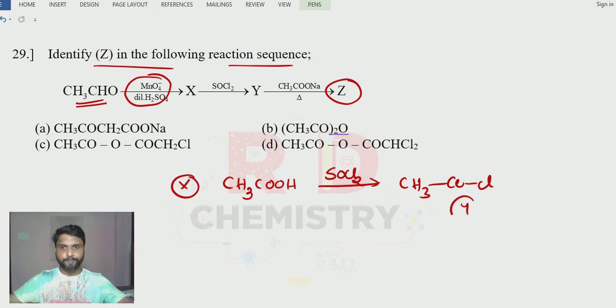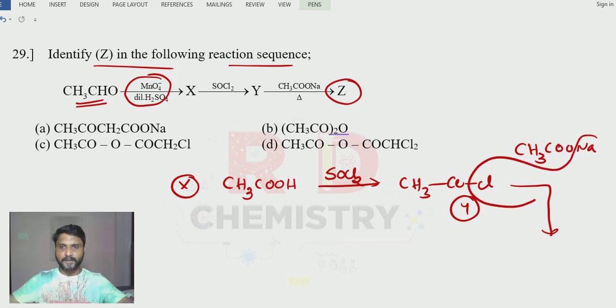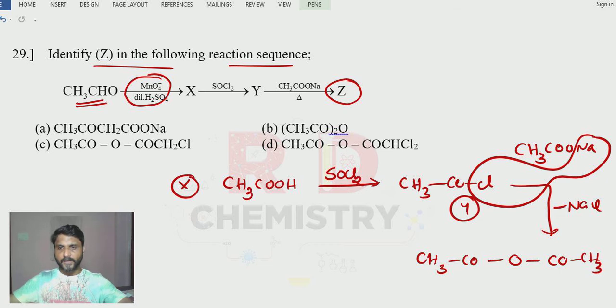This is Y. And then it is treated with the sodium acetate CH3COONa. So the side product is sodium chloride. So the remaining part now will be CH3CO attached to the oxygen, CO and then CH3. So we are going to get anhydride here, acetic anhydride, right? So therefore answer is option number B. Clear?